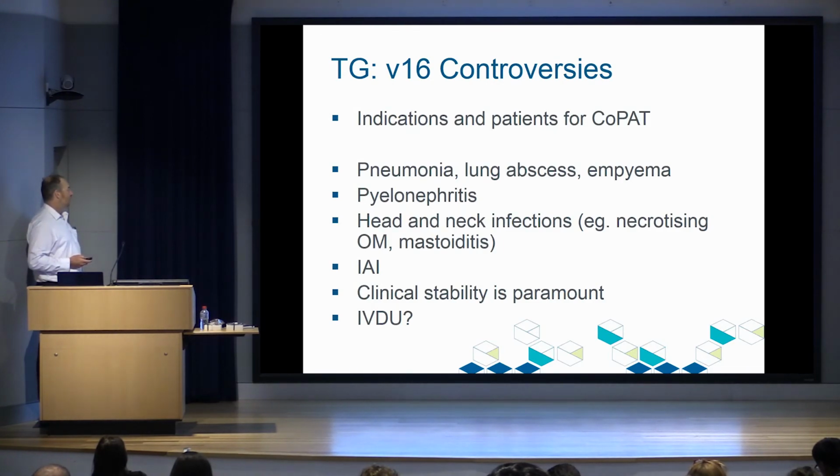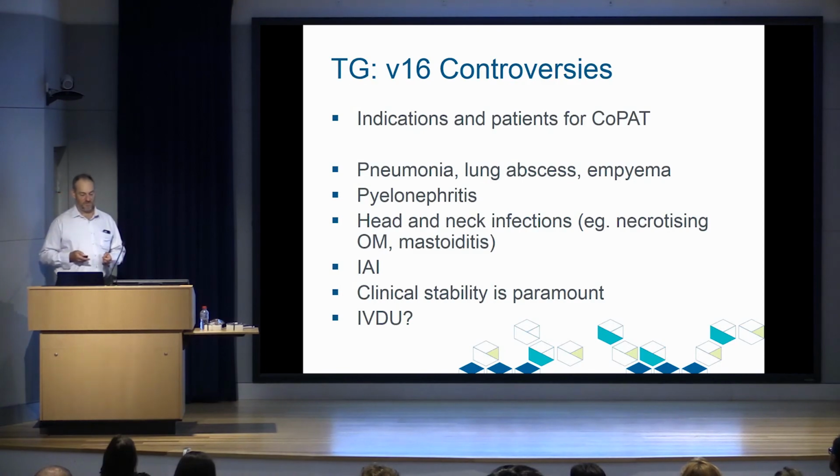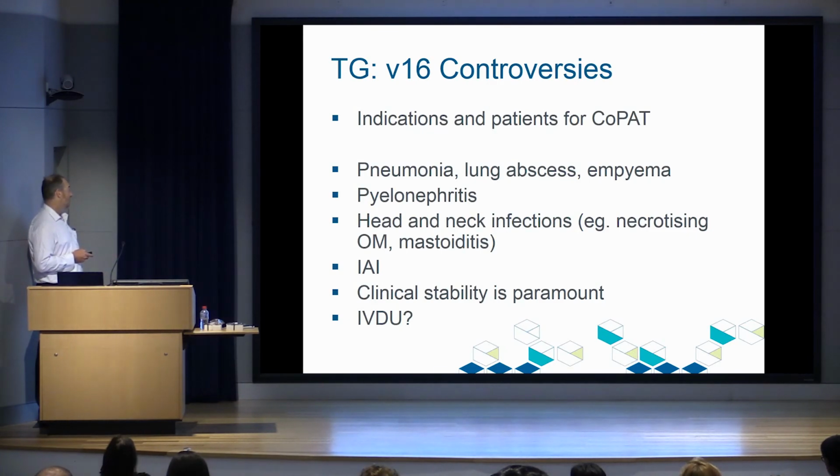Indications and patients. There was a lot of discussion in the expert group about what sort of indications were and were not appropriate for HIF, OPAT, COPAT. Pneumonia was one of them. Pyelonephritis was another. I think the thought was that patients, if they're stable, should be on oral antibiotics.